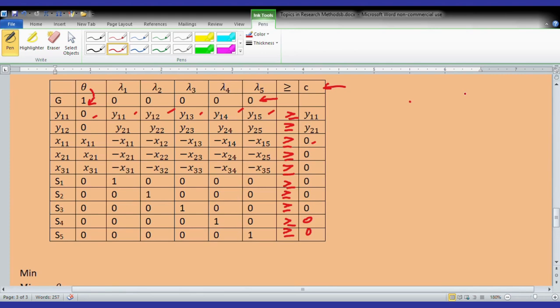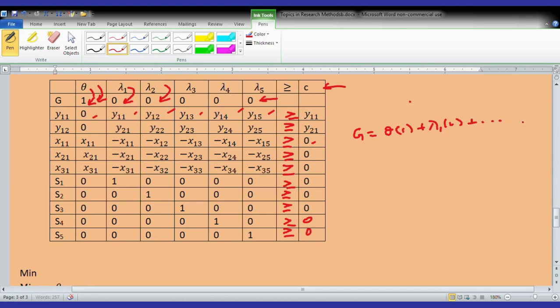So if I want to write down the equation of g, it should be equal to these variables multiplied by the coefficients. G is in the first row, so I will be multiplying each variable by the corresponding coefficient. So g is equal to theta times 1 plus lambda 1 times 0 plus lambda 2 times 0, and so on.